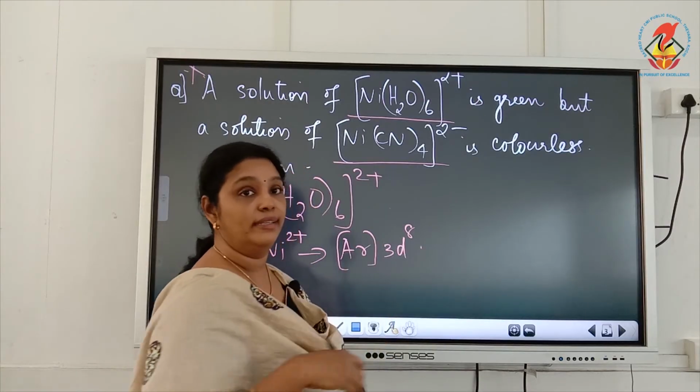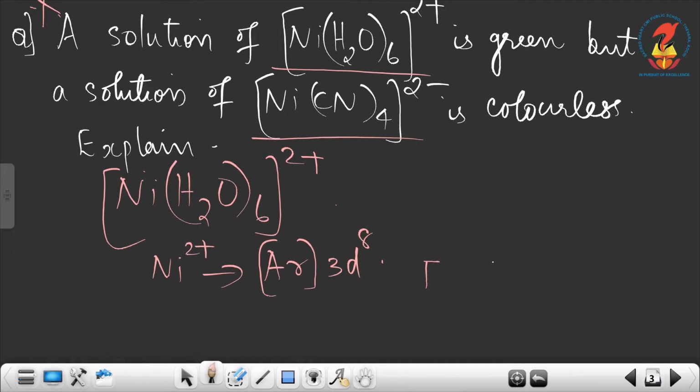Now, we have to write the CFT configuration. You draw the diagram. Before you draw, you check the coordination number, it is equal to 6. So, we have t2g, eg. Now 8 electrons means 1, 2, 3. Now this is a weak ligand. So you can say no pairing, which means the electrons will go into eg first, followed by pairing. So 5, 6, 7, 8. Now what will happen?